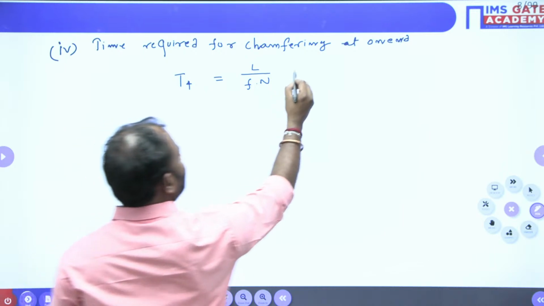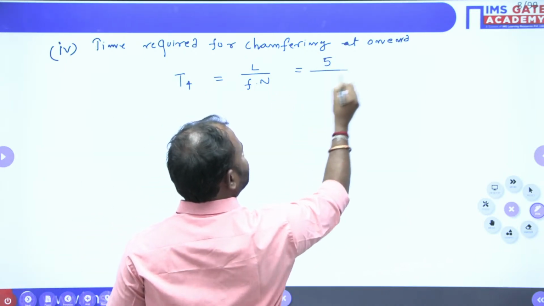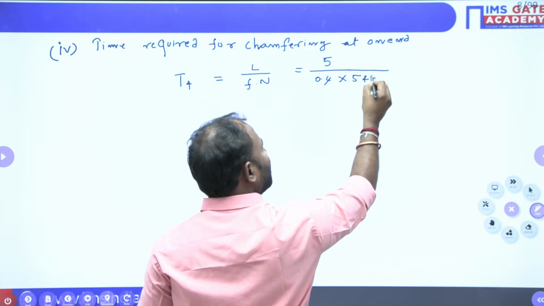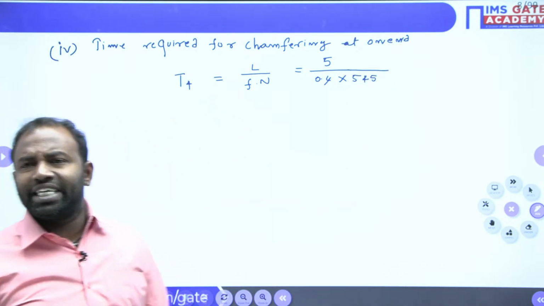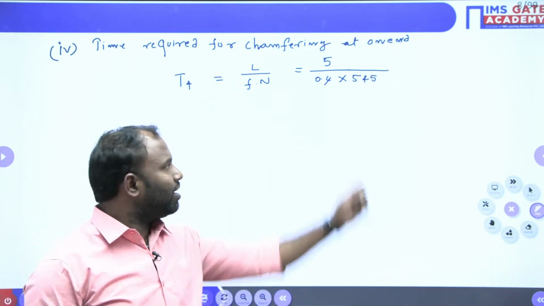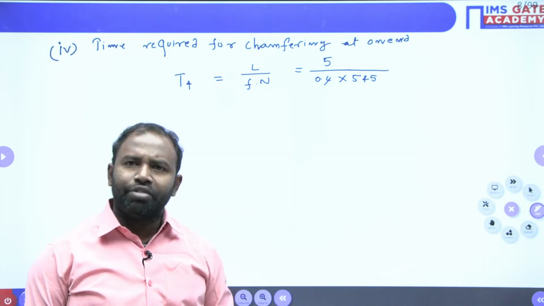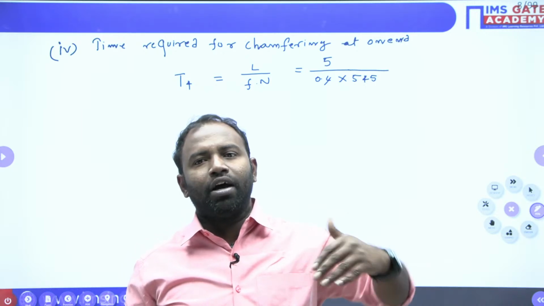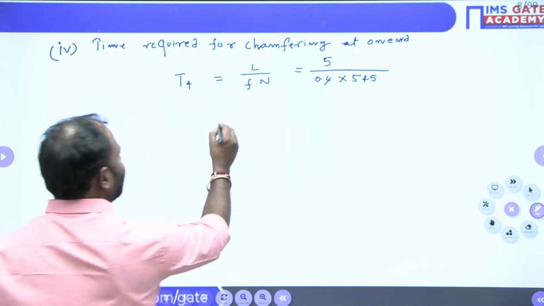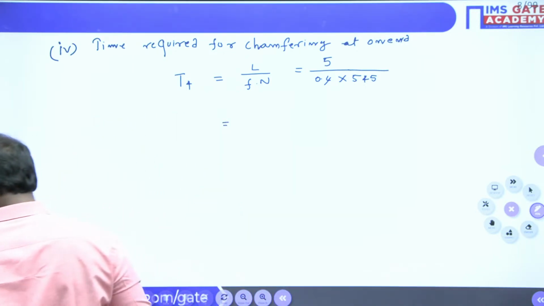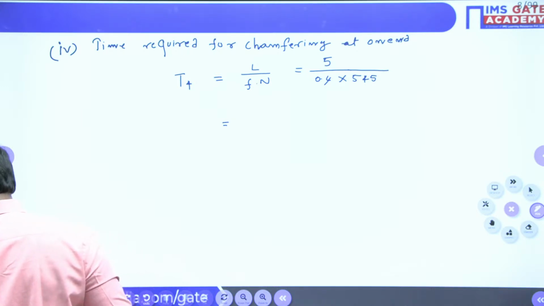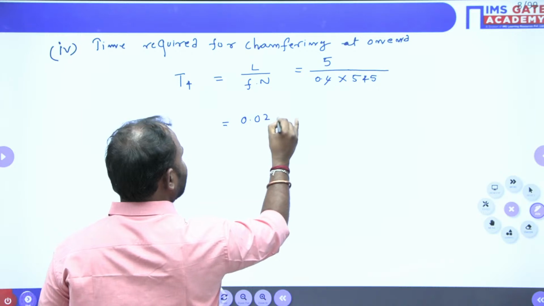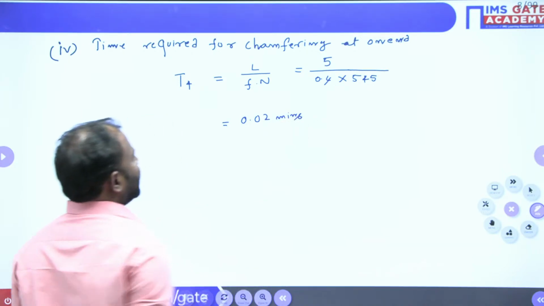Now here L equal to 5, F is 0.4, and we'll consider N as 545 only. Why? Because the diameter of the workpiece has not changed from 35. That is the reason I am considering my RPM equal to 545 only. Whenever diameter is not changed, then RPM remains the same. From there I can calculate this. 0.02 minutes will come.